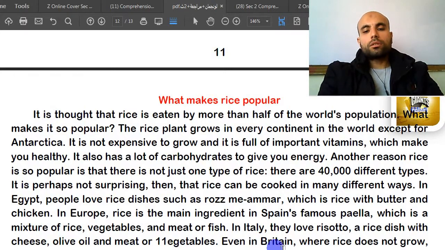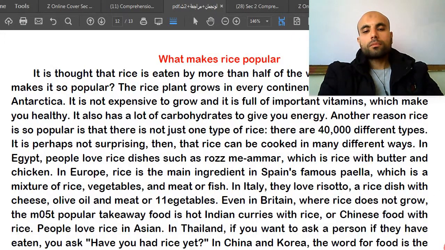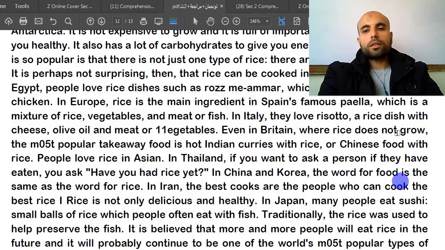Even in Britain, where rice does not grow, the most popular takeaway food is hot Indian curries with rice or Chinese food with rice. People love rice in Asia.